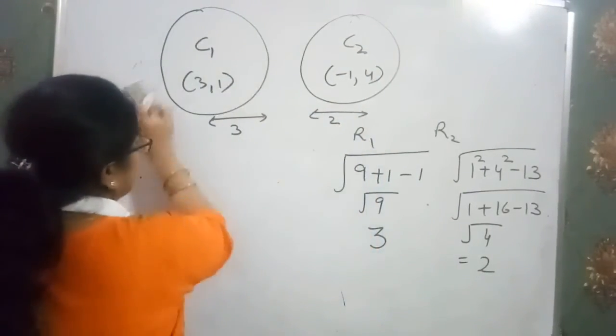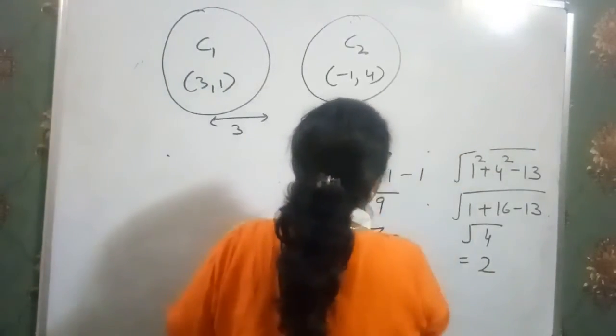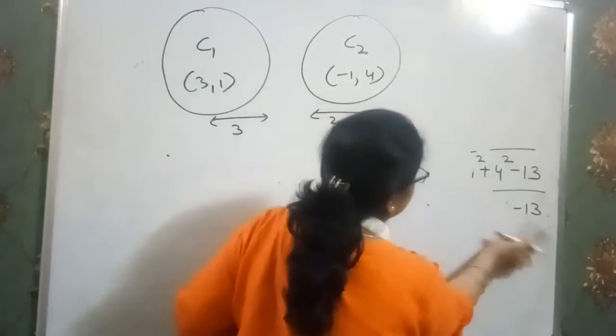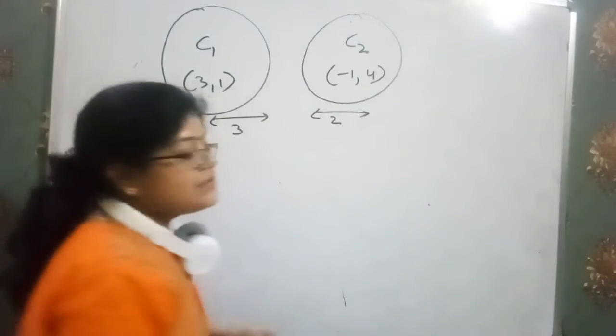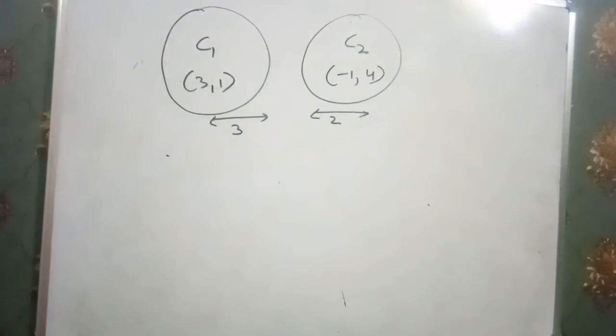Now we have to check whether they touch internally or externally, whether they intersect at 2 points, and how many tangents there are. We can easily tell each and everything.